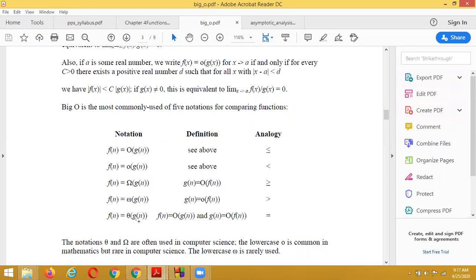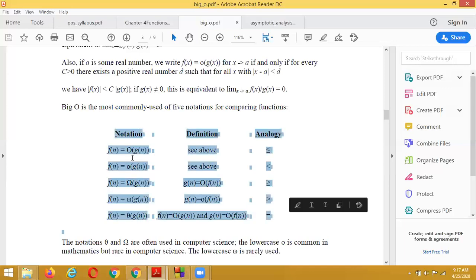This is the tabular format we need to remember: when to indicate big O, small o, big omega, small omega, and theta. This is the one table we need to remember.